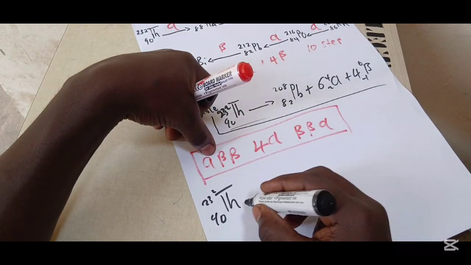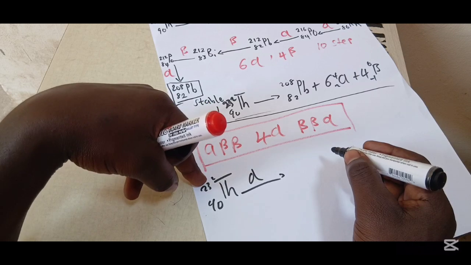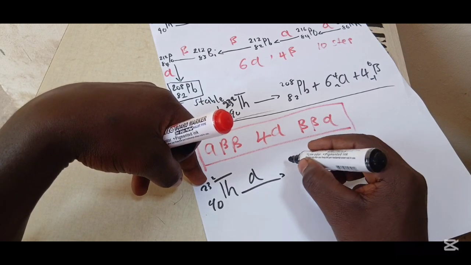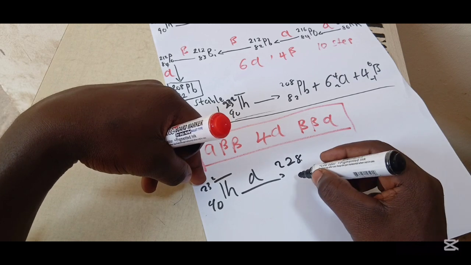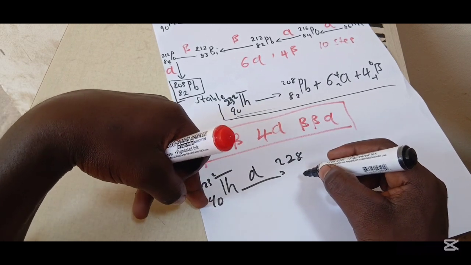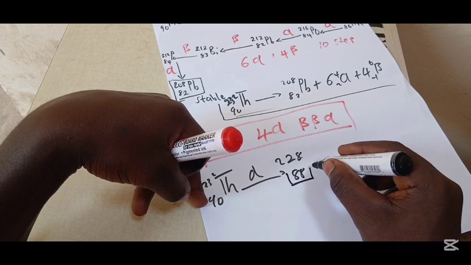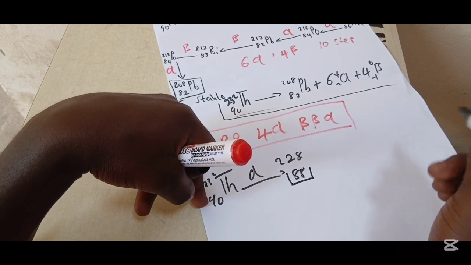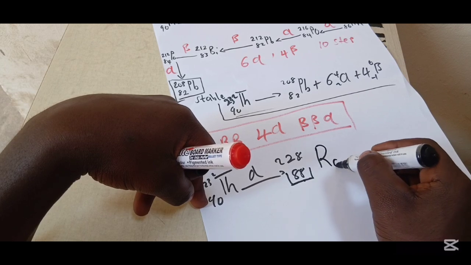First of all, I know it will undergo alpha decay. When you undergo alpha decay, we get a reduction in mass number by 4, which gives me 228, and the atomic number reduces by 2, which gives me 88. Then I compare 88 to the periodic table and see the element with atomic number 88, and this gives me radium.